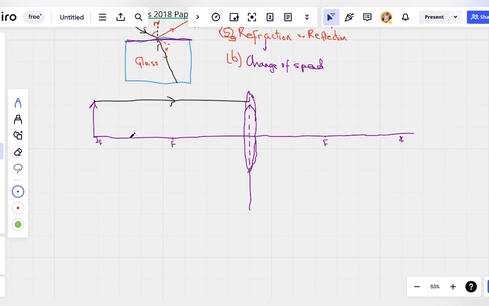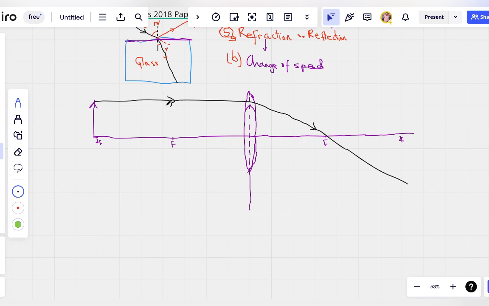Remember, the principal axis is this horizontal line, so these two lines are parallel. When it hits the lens at this point, it will refract to pass through the principal focus. Everything here is not accurate because we're not using graph paper.